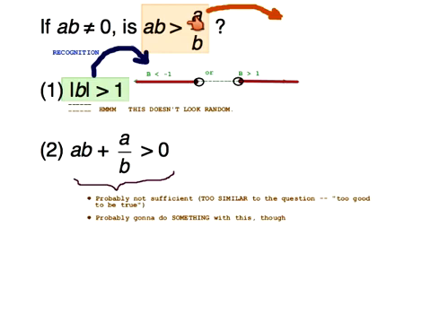Oh, well, be careful with manipulating the inequality, because if you do that, you can't multiply by B unless you know the sign of B, and you can't divide by A unless you know the sign of A, which we don't know either of those.